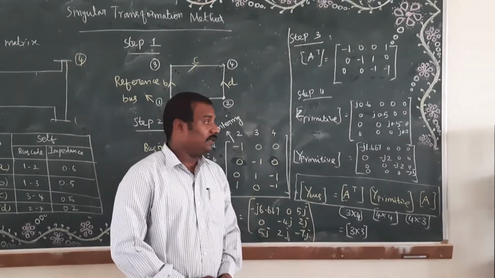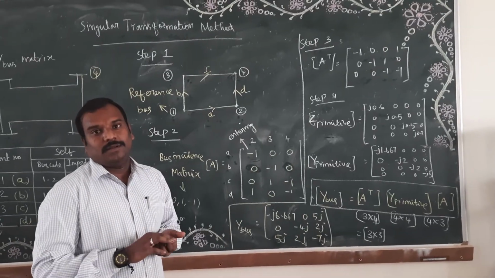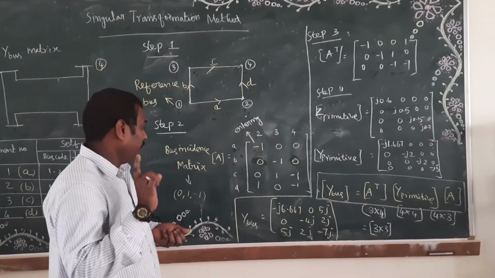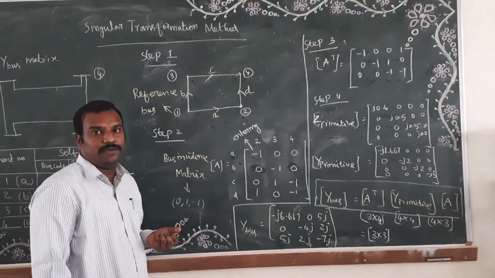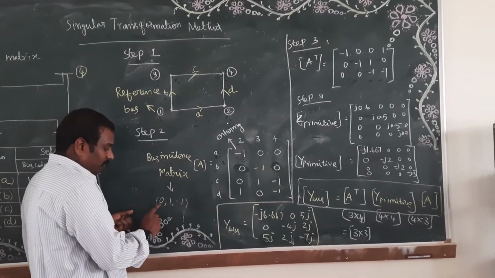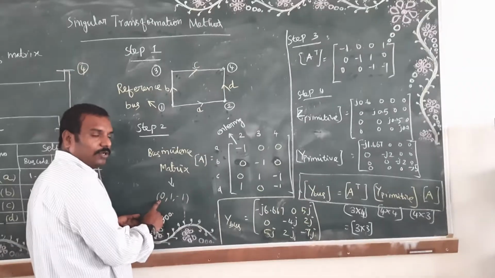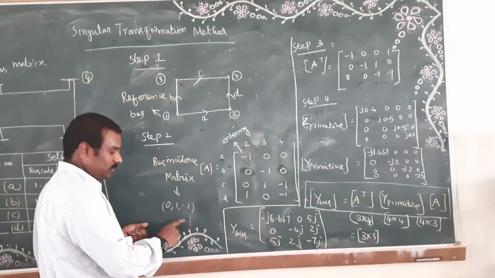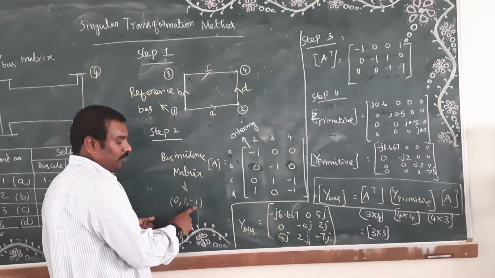Are you able to understand? So this is how you have to mark. You can construct the Y bus matrix. Where you should be very careful is only when forming the bus incidence matrix. Why? You have to fill only 3 values: 0, 1, minus 1. When you fill 0, there is no connection between 2 nodes. When it is leaving, you fill 1. When it is entering, you fill minus 1.